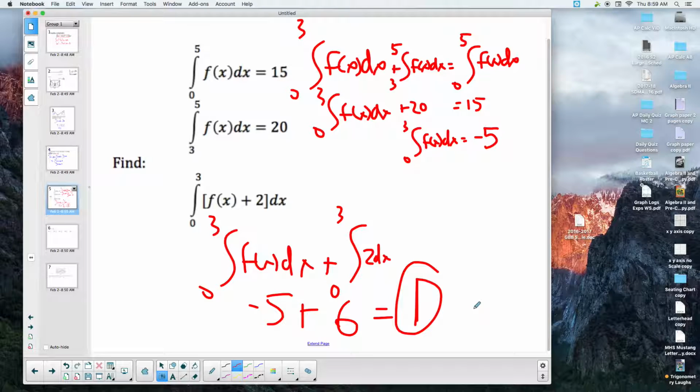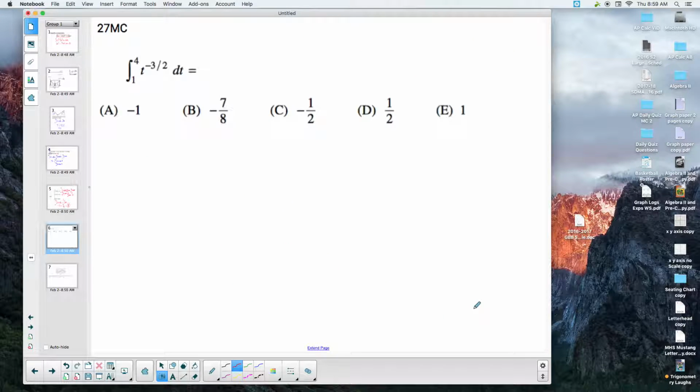All right, next one. A straight up antidifferentiate. Use the fundamental theorem of calculus. We'll power up. We got negative 3 halves plus 1 is negative 1 half. Multiply by the reciprocal or divide by that fraction. So we got negative 2t to the negative 1 half from 1 to 4. Now negative 2 is a constant, so I'm going to pull that out front.